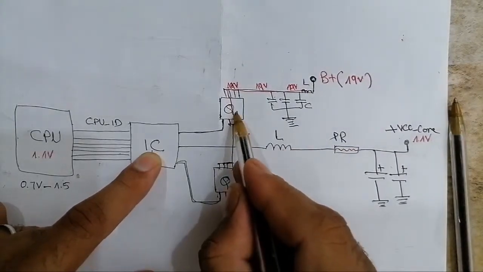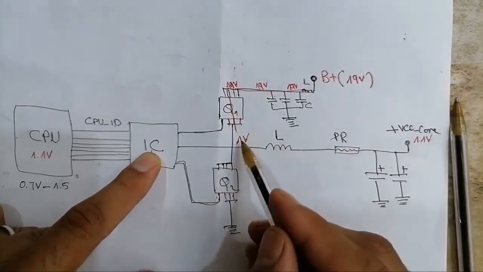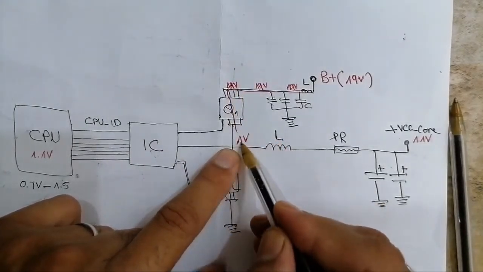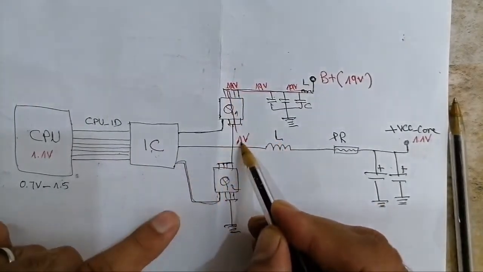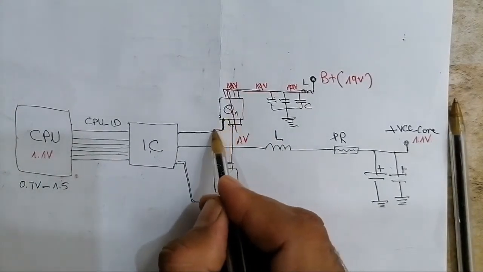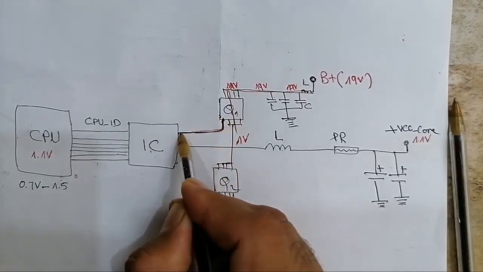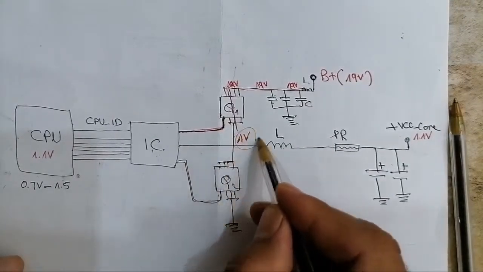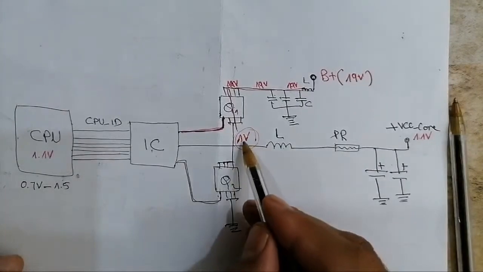Because this is a voltage regulator, and this control signal determines the voltage that we get here.